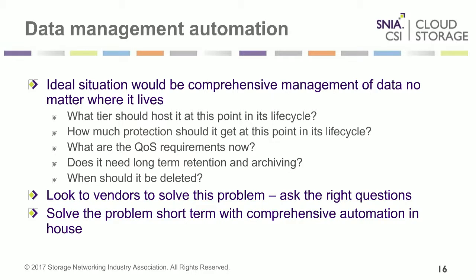It may be protected very well at the beginning of its life cycle, but at the end of its life cycle, you have one copy that you're just waiting to delete. What are the quality of service requirements right now? If I have thousands of users accessing this file simultaneously, such as a public video, that's a completely different quality of service requirement than a file that's just been circulated on email.